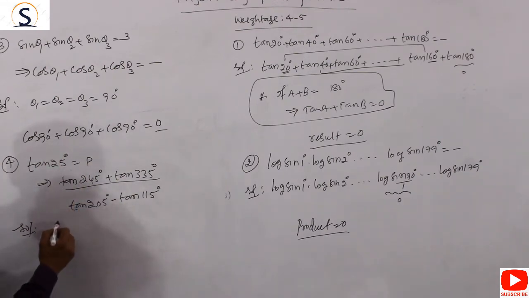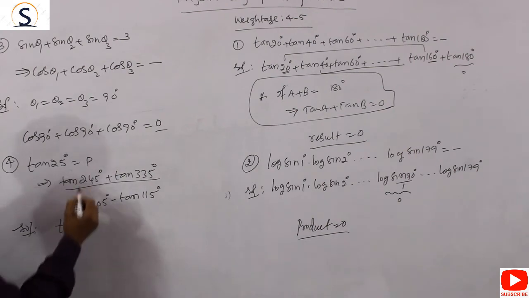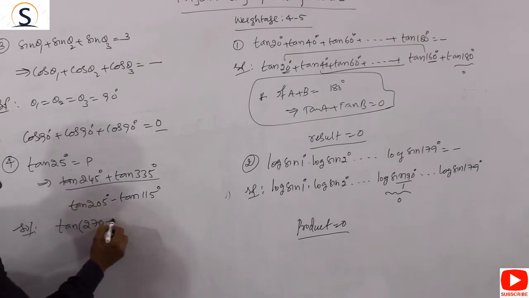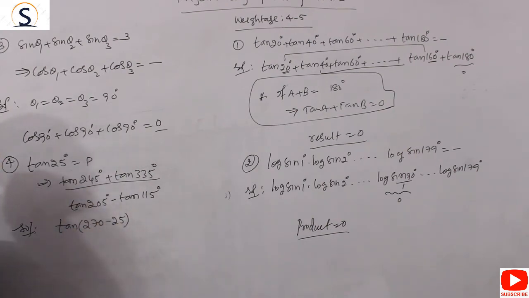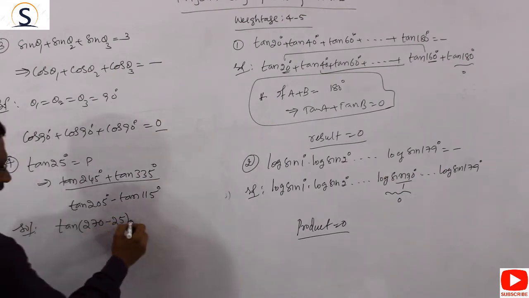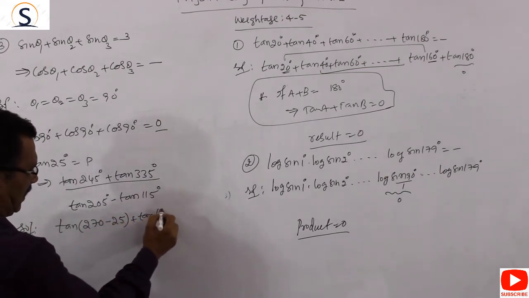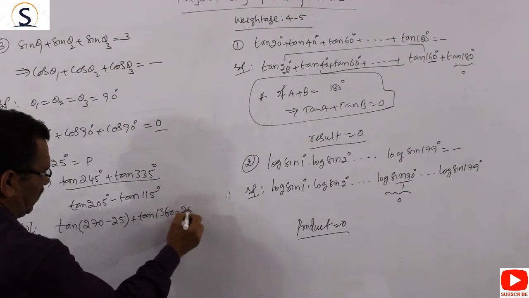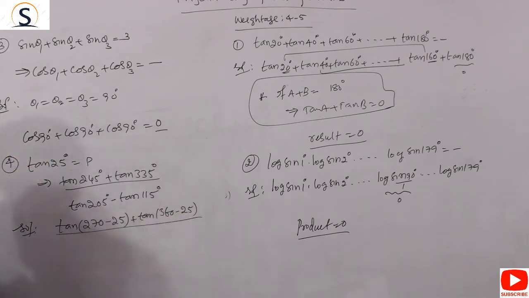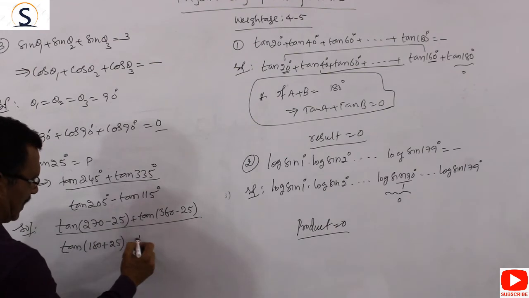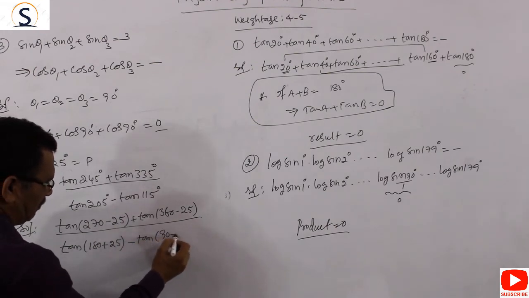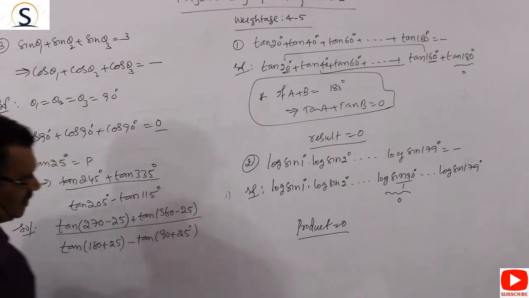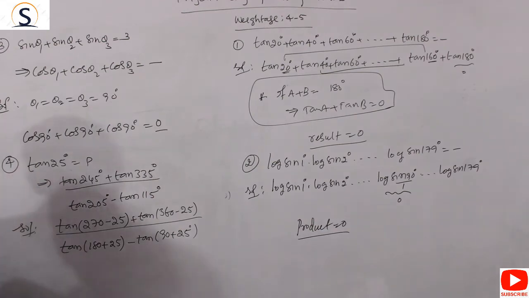Right? Now, here you can write tan of 270 minus 25 as 245, plus tan of 360 minus 25 is 335, by tan of 180 plus 25, next minus tan of 90 plus 25, right? These are all degrees only.